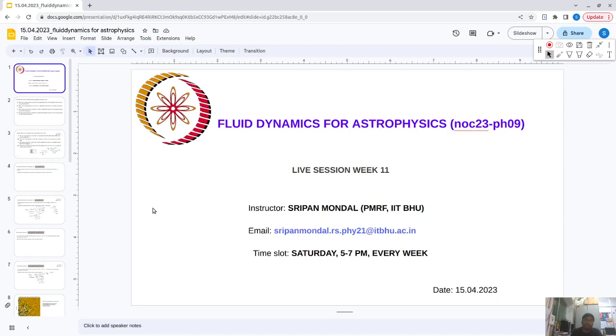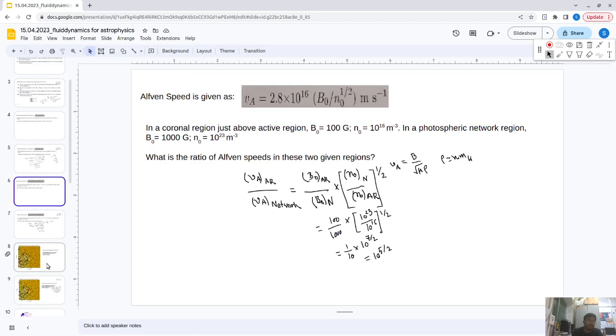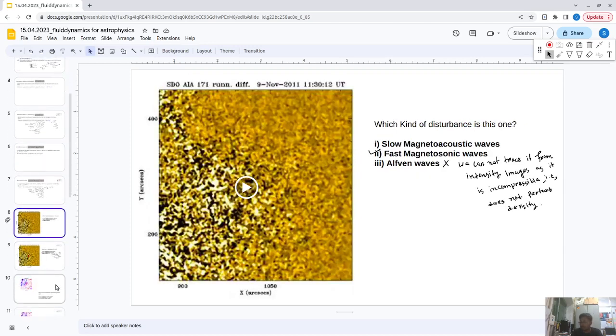Then we went to the observations. Now the Alfvén wave is an incompressible wave, so it should not disturb your density structure.